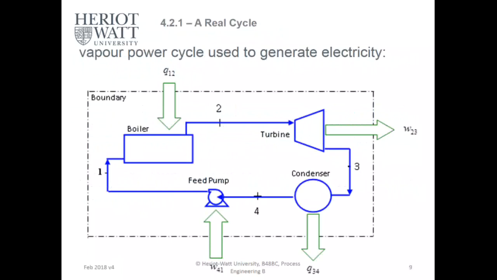So this is a vapor power cycle used to generate electricity. You have heat in. You're boiling water in the boiler, forming steam at higher pressure. It goes to a turbine. The turbine expands, and you extract the energy in the form of work from the turbine.